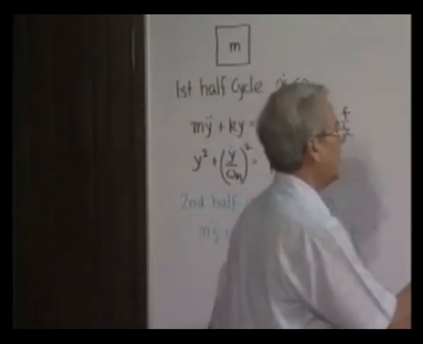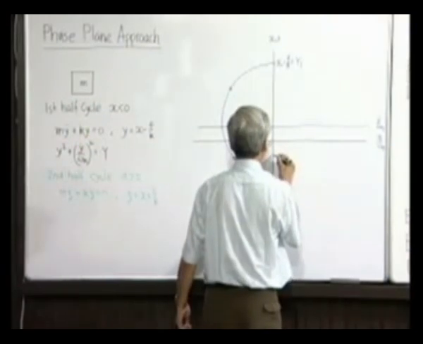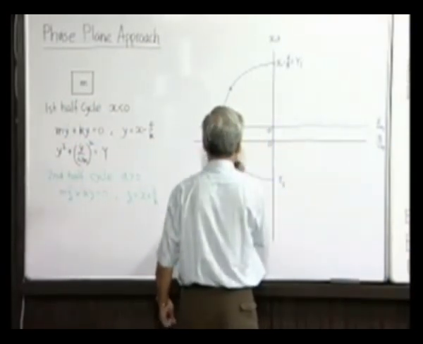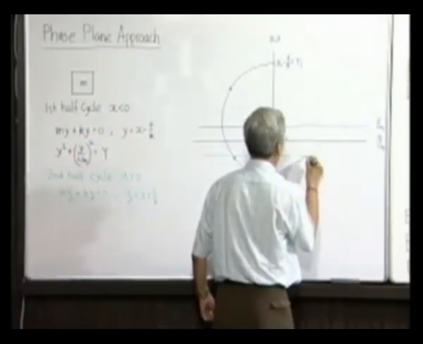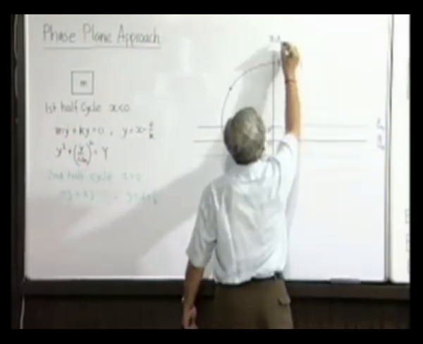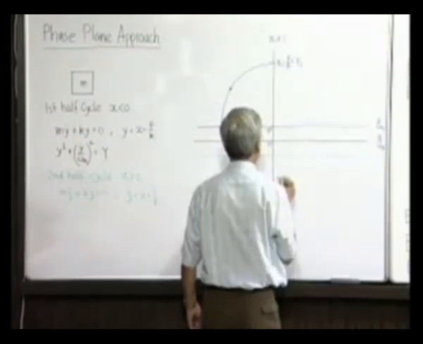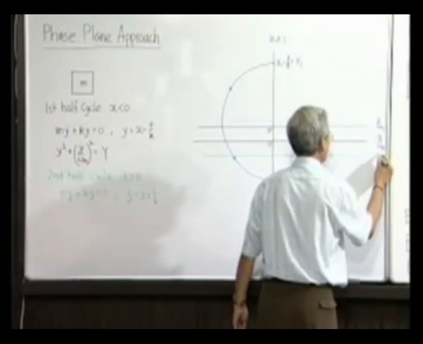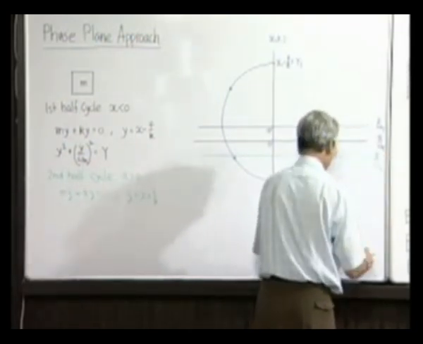So therefore now the new origin will be here. This will be the z axis and this will be z dot by omega n.